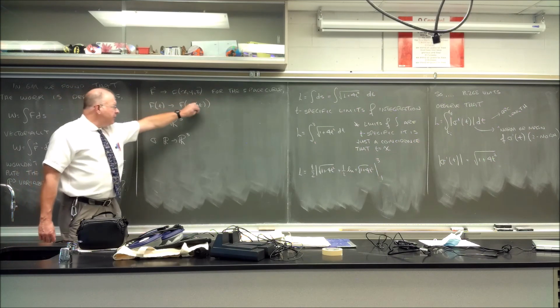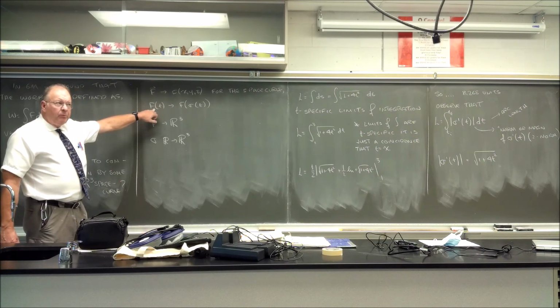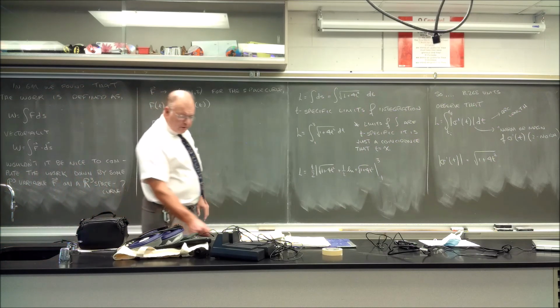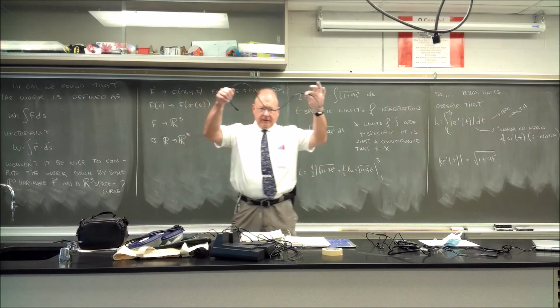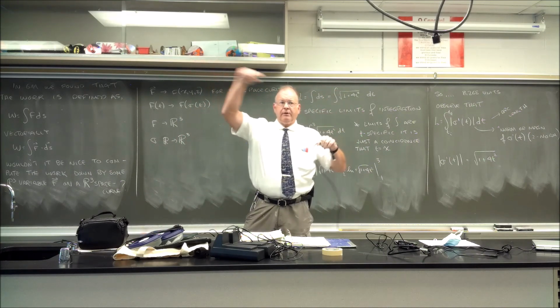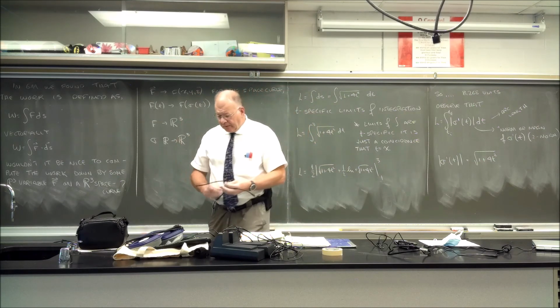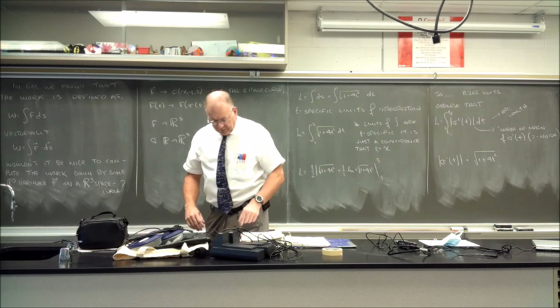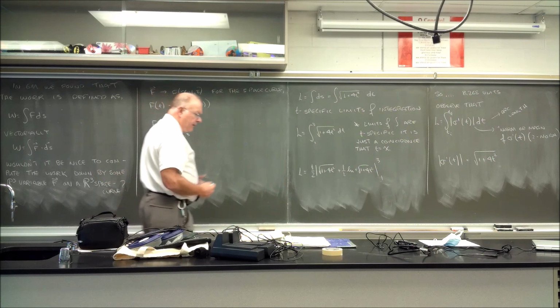But that collapses then to produce f of t, which is what we really want. We only care in this computation about the force along this curve, not the force over here or there or somewhere else. And so now we want to compute the two, and we know we have to dot them because that's the rules.